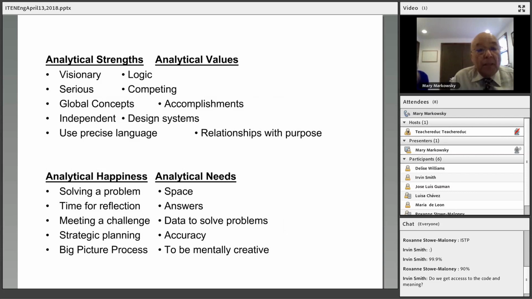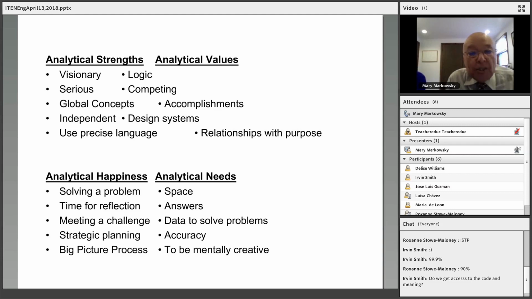Now, research says that if you are an analytical personality, these are your strengths. You're visionary, you're serious, you like global concepts, you're independent, and you use precise language. Your values would be, and sorry that this moved to the side, it's skewed, right?